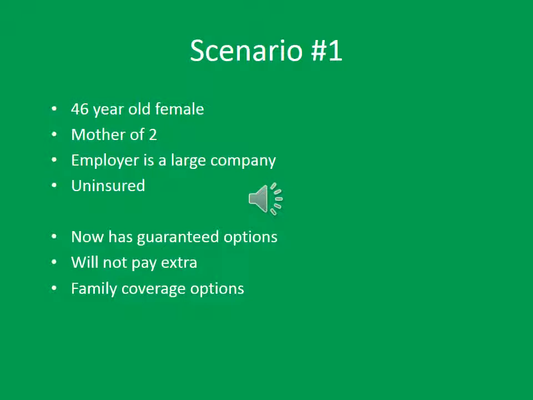Scenario number one: you have a 46-year-old mother of two who is part of a large business. She is uninsured. Now with Obamacare, she has guaranteed options for healthcare and will not have to pay extra for being a woman. Her employer can even offer family coverage.